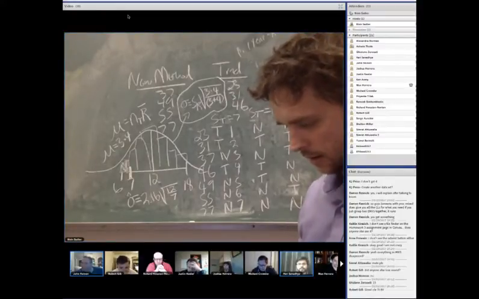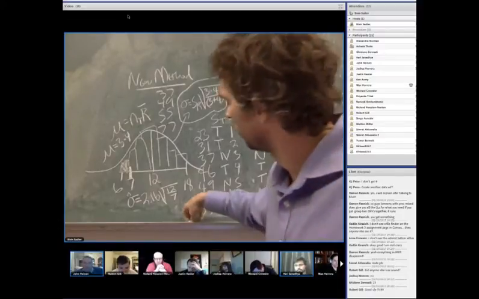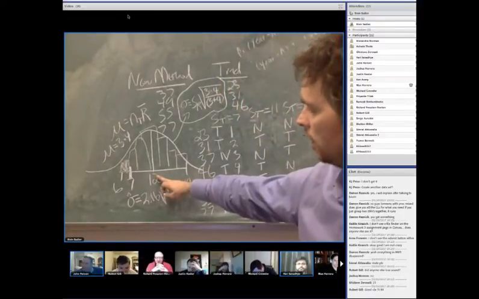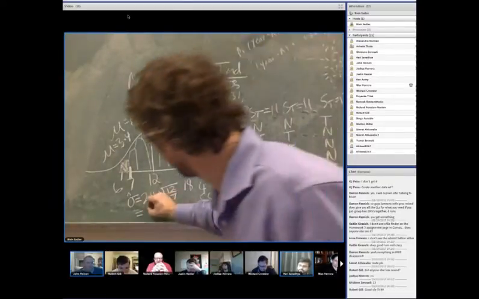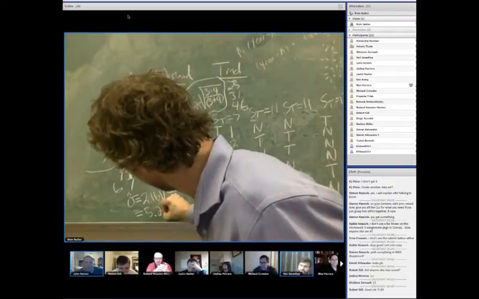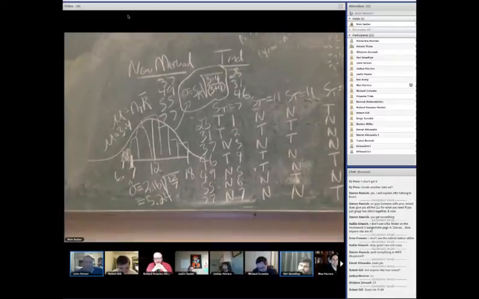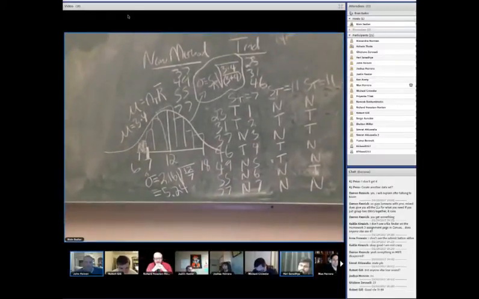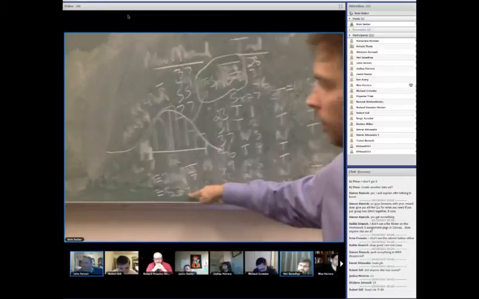And from that, you can build a z-score. My mean is 12. My estimated standard deviation is 5.24. So my z is equal to what I observed, which was a 7, minus the mean, which is 12, divided by 5.24.